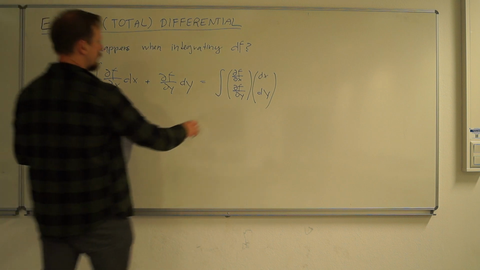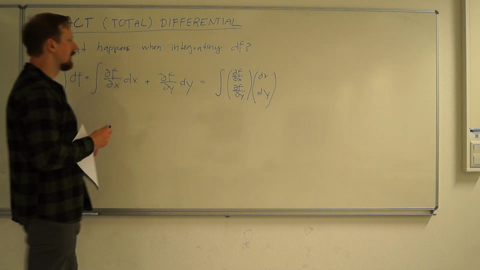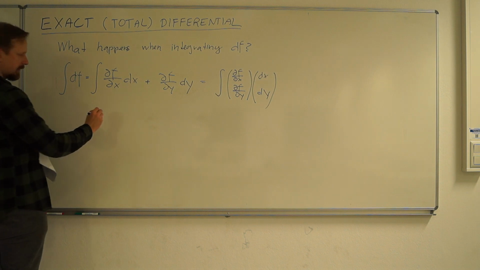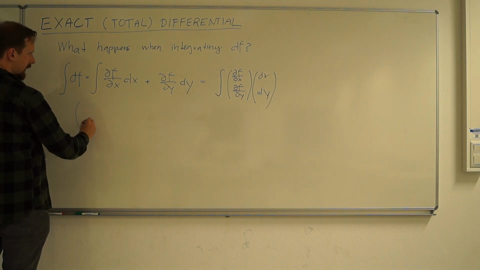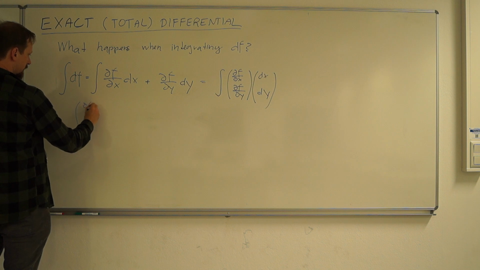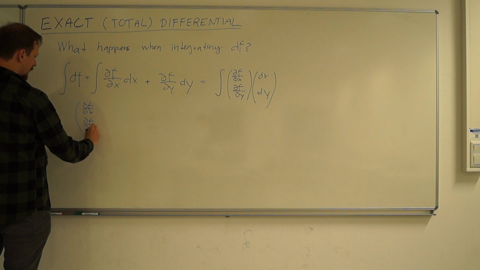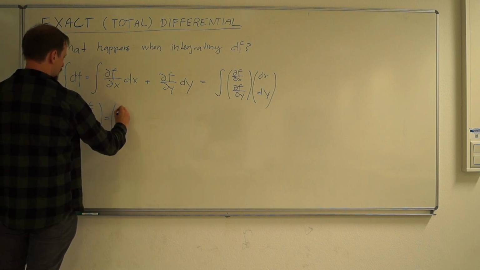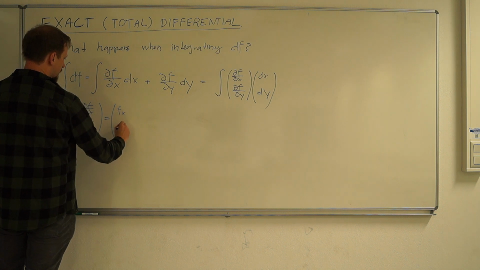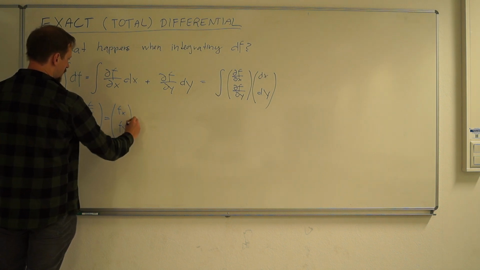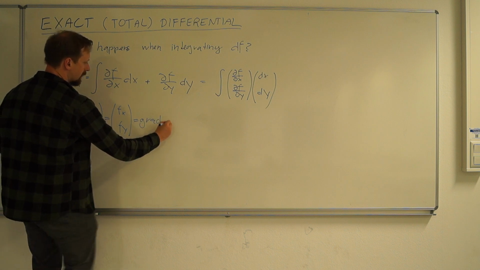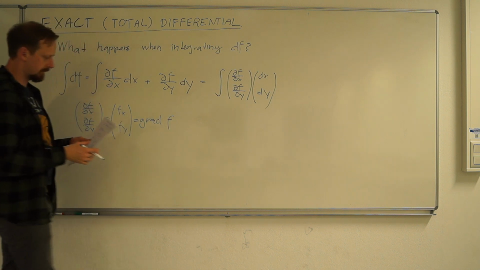And this quantity here is called the gradient of f. So df over dx and df over dy is often written in short notation as f subscript x, f subscript y, and this is the gradient of f.